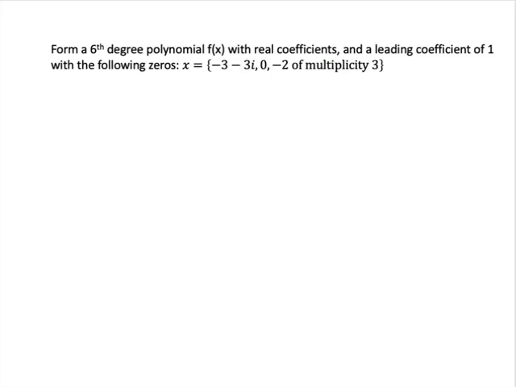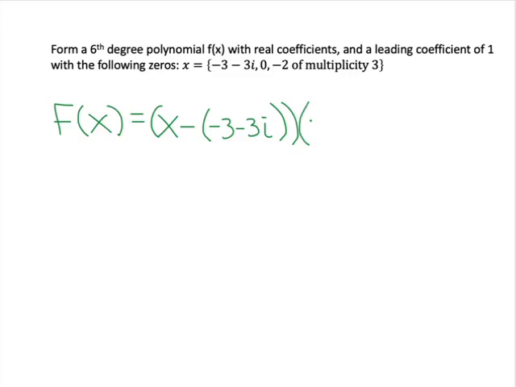This is a fairly simple problem here. So we have f of x equals, all right, so we're going to have x minus -3 minus 3i times x minus, like I said, if you have -3 minus 3i, then its conjugate will also be present as a 0.